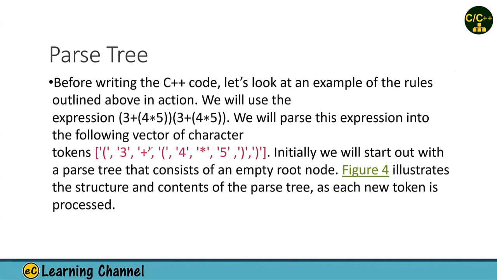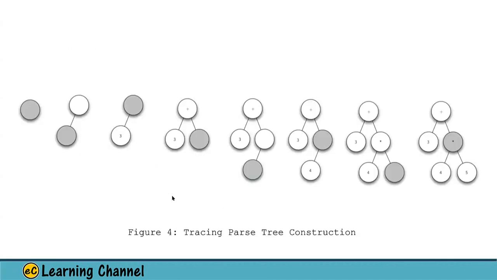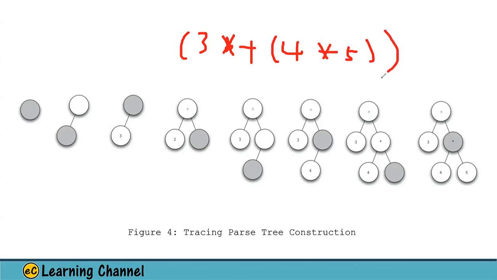So let's look at this one, 3 times (4 plus 5), okay? So when you get the parsing and get started here, you find there is a value 3. And then there's a times above it.